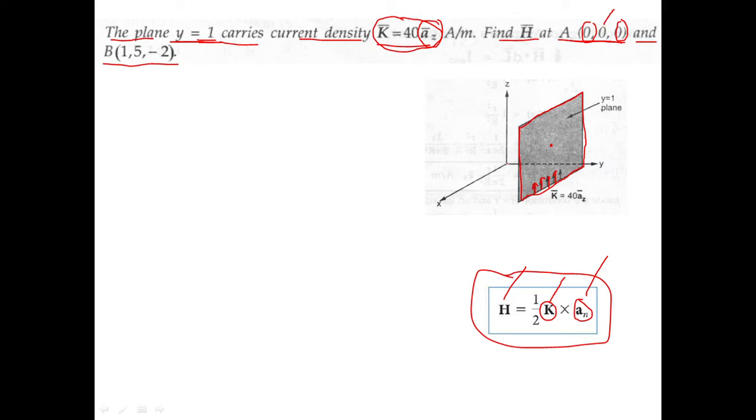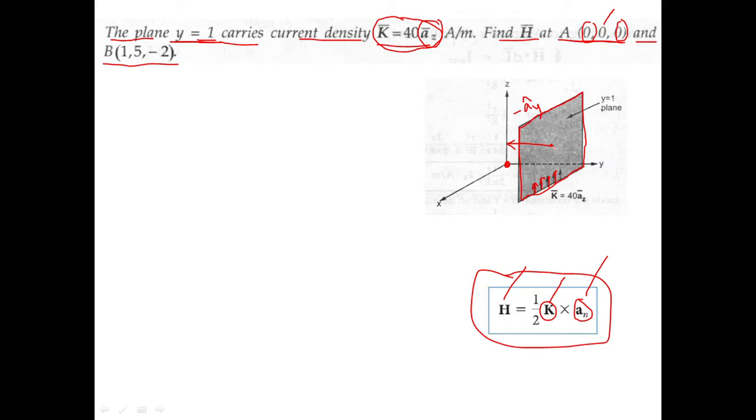Y is 0 means it will be here, right? Now the surface current is at y is equal to 1, and we have to find the H vector at y is equal to 0. So the arrow will be in which direction? It should be towards this direction, which is nothing but minus ay cap, right?